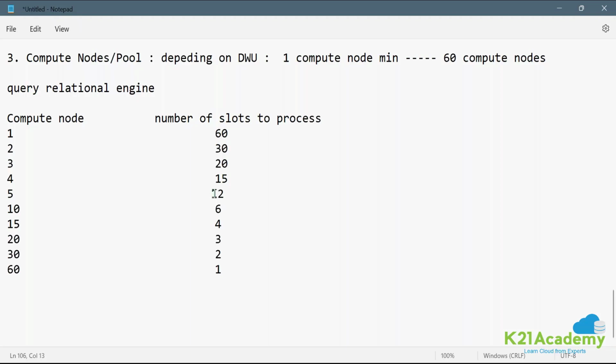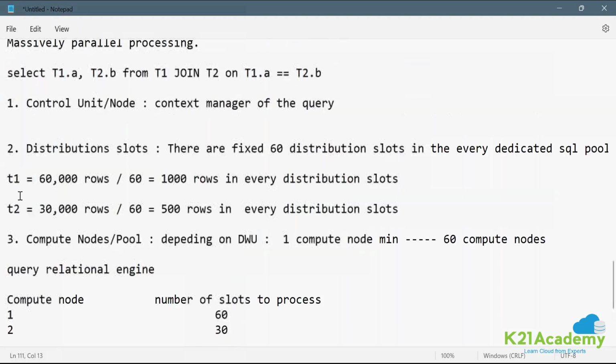So the point is that it leverages this parallelism in order to do your queries. So the data of your table is filled in these buckets. After dividing them into 60 equal parts, the buckets are filled.